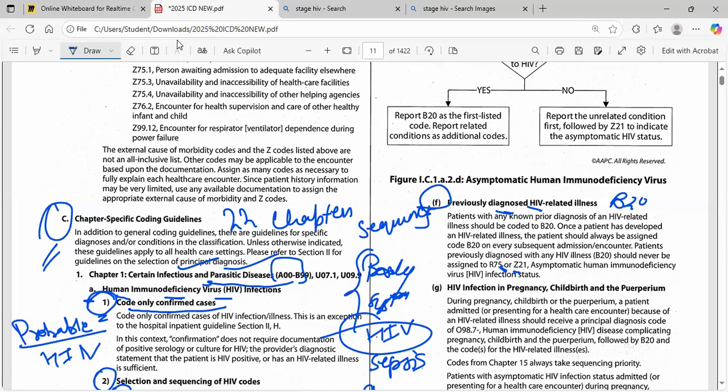So just go through this guideline and let me know if you have any doubts.